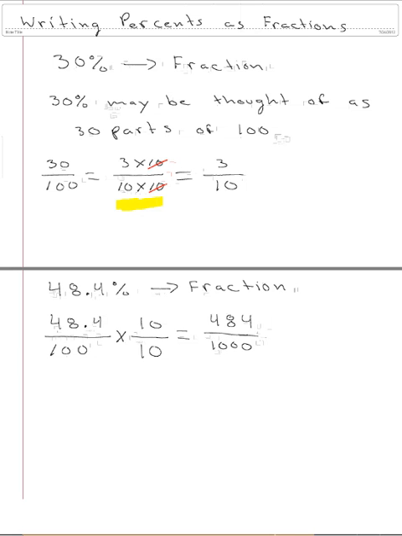In this case, both 484 and 1,000 contain a common factor of, not 10, I apologize, a common factor of 4. So when I divide the numerator, 484, by 4, I get 121. And when I divide the denominator, 1,000, by 4, I get 250. So 48.4%, when written as a fraction, is 121 over 250.